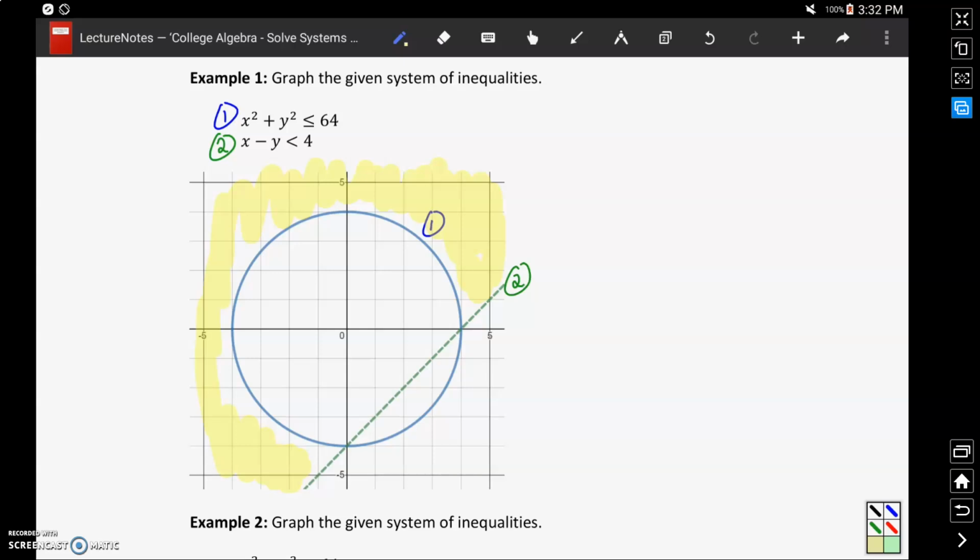We have 4 different regions to consider, and what we can do is explore test points until we find a point that makes both inequalities simultaneously true. In this case, we could start off with 0, 0.